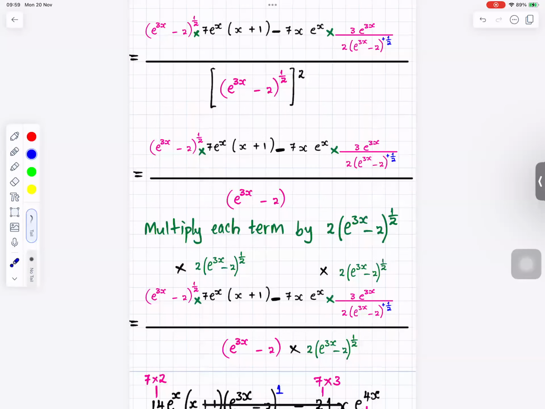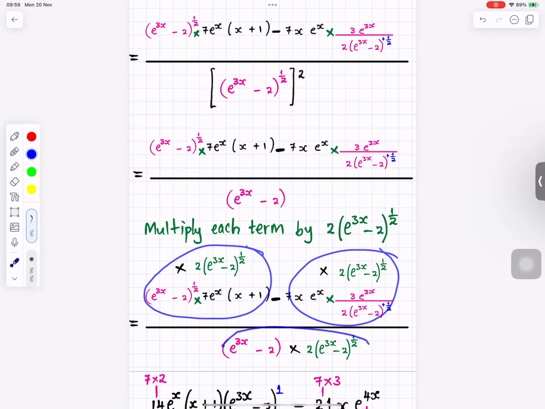And one thing you must know is that half times 2 will give you 1. So that's why e to the 3x minus 2 is there. So what we're going to do, we're going to multiply each term by 2 (e to the 3x minus 2) to the power half. So we'll multiply the first one with that expression in green. Multiply the second one with that expression in green. Multiply the denominator with that expression in green.